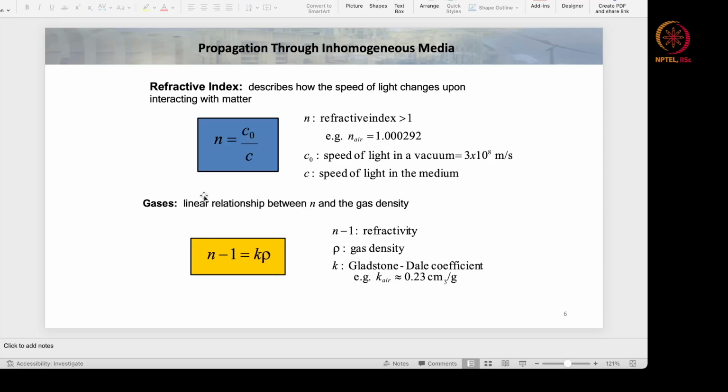The good part is for gases there exists a linear relationship between the refractive index and the gas density. They are related as n − 1 = kρ, where 1 is subtracted because of this vacuum issue. So n is the refractive index of that particular medium, n − 1 is called the refractivity, ρ is the gas density, and k is the Gladstone-Dale coefficient, which is about 2.23 cm³ per gram.